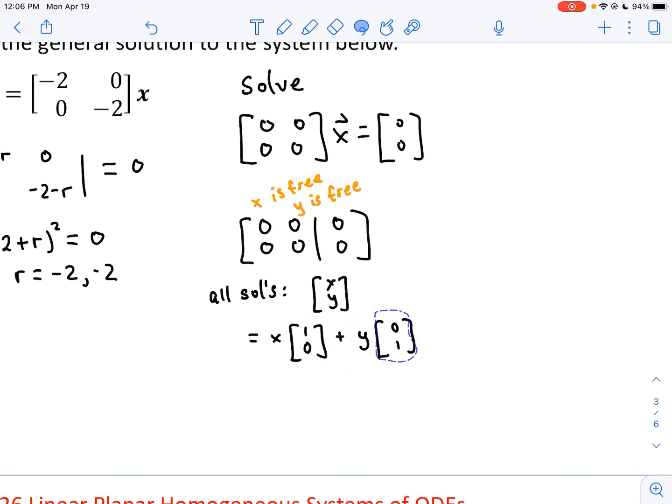And these are the two linearly independent eigenvectors that we're after, because 1, 0 and 0, 1 are linearly independent. One is not a multiple of the other. And so our v1 is going to be 1, 0, and our v2 is going to be 0, 1. These are two linearly independent eigenvectors associated with this eigenvalue.